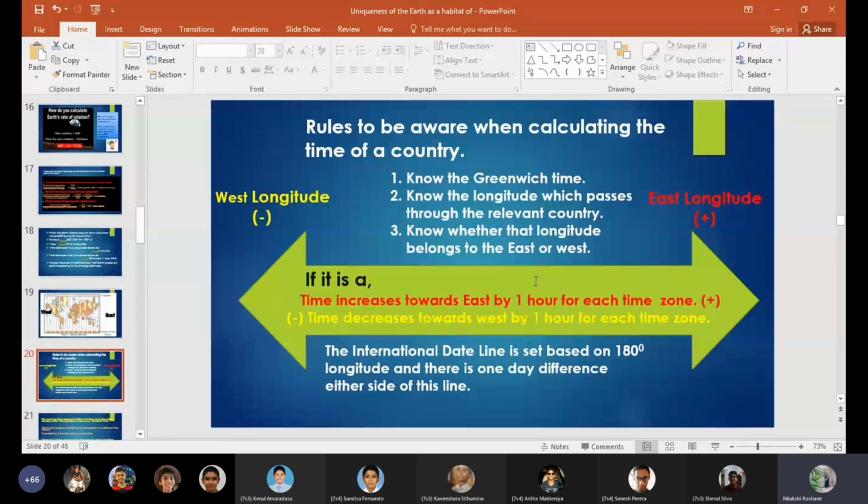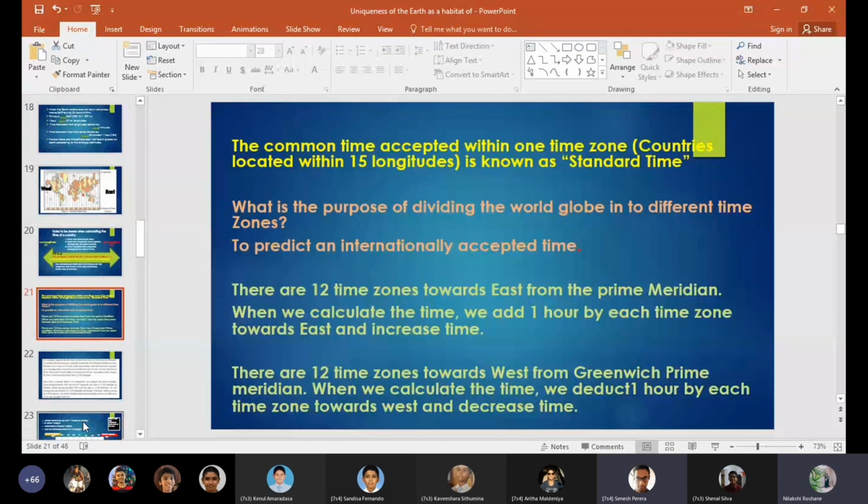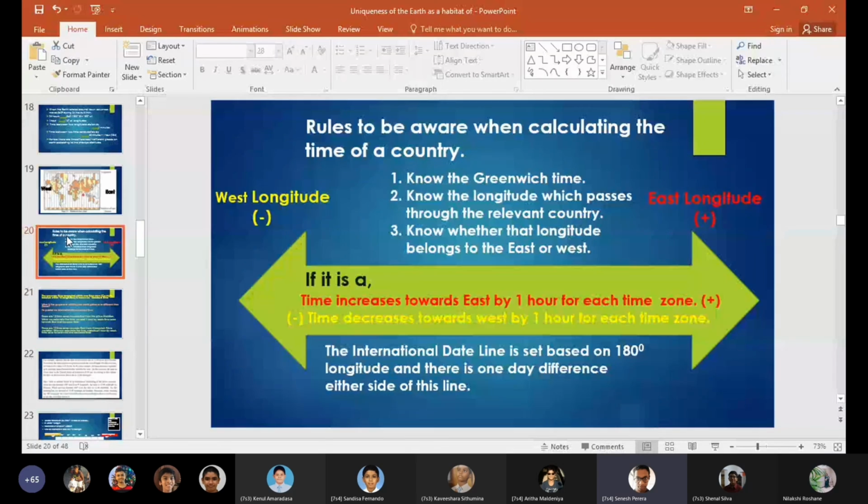So the international date line is set based on 180 degrees longitude, and there is a 1 day difference on either side of this line. Okay. The international date line isn't a straight line, to avoid disputes between different countries, such as America and Russia.